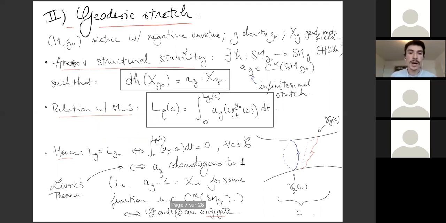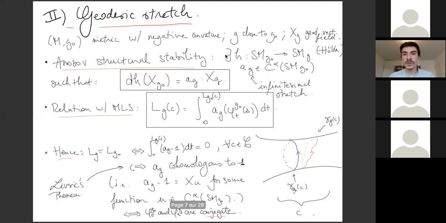Now, by Anosov structure, when you have metrics with negative curvature, I recall that the geodesic flows are Anosov, so they are really hyperbolic. If you don't know what the Anosov property is, I will explain this in 2 or 3 slides. What is important is that when you have 2 Anosov flows, they are connected by what's called structural stability.